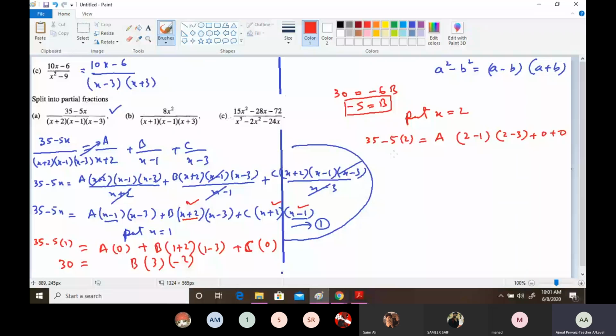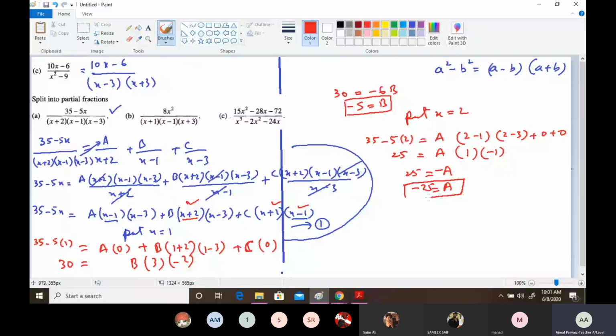Now 35 minus 10 is going to be 25 equals a times 2 minus 1 is 1 and 2 minus 3 is minus 1, right? Right, bete? So minus a is equal to 25, which implies a equals minus 25. This is the second answer.